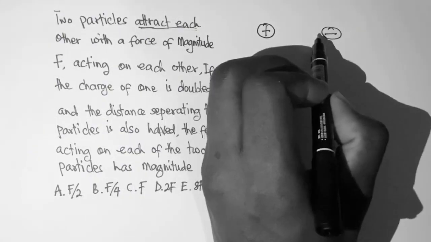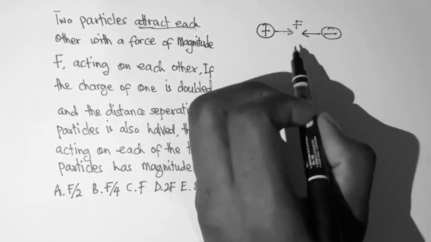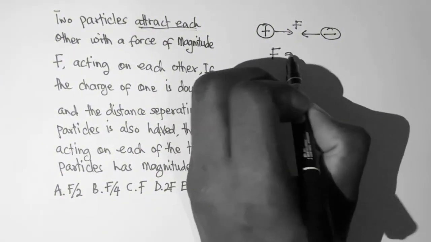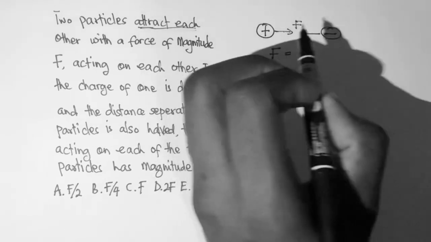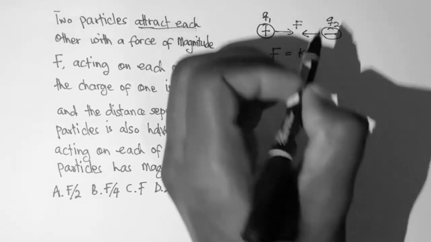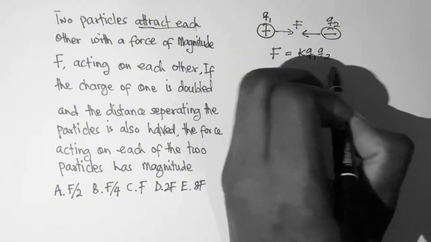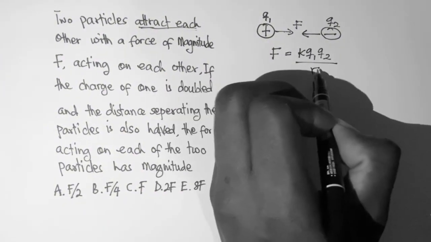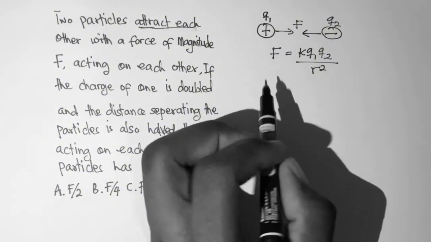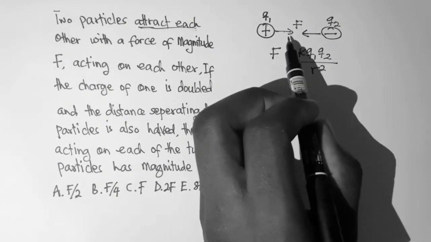They will attract each other with a force F. Based on Coulomb's law, we know that the force of attraction is given by F equals a certain constant k times, let's assume that the charge on this one is Q1 and the charge on this is Q2, so Q1 times Q2 divided by R squared, where R is the distance between the centers of the charges. So that's the force of attraction between these two initially.